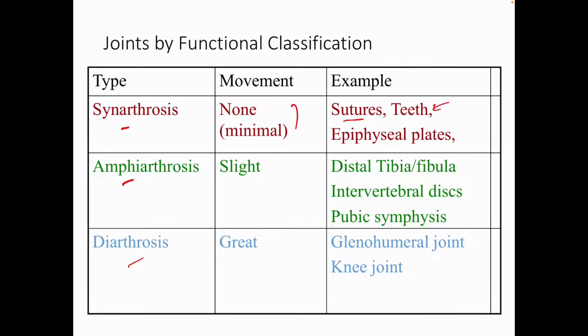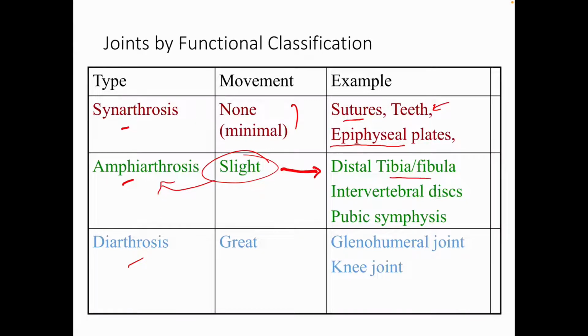We'll look at that a little more closely. And then, of course, as we go through adolescence and close up through adulthood, the epiphyseal plates of the long bones. The slight movers, or the amphiarthrotic joints, don't move a whole lot, but they allow us to kind of shift to a degree or so.